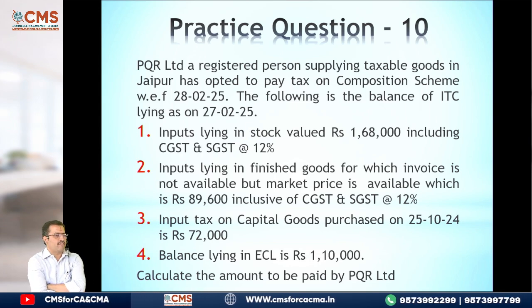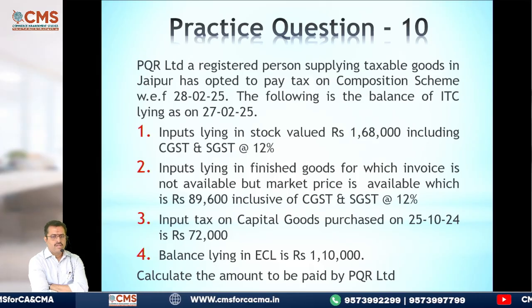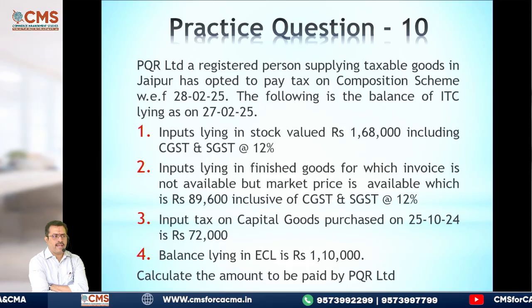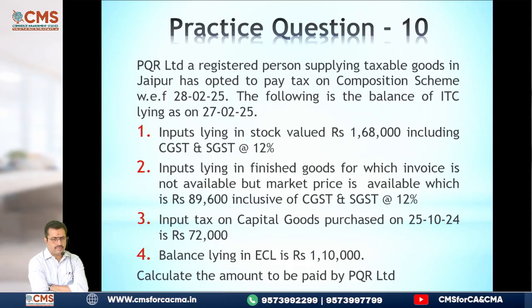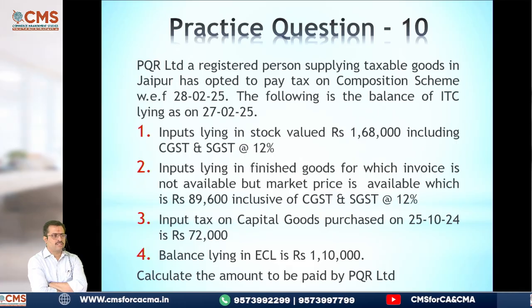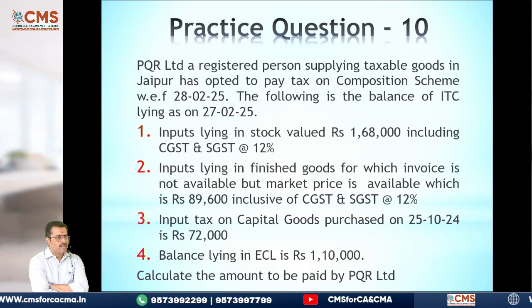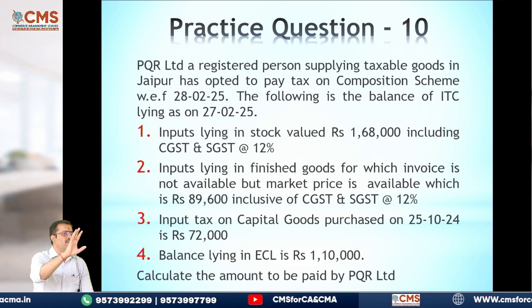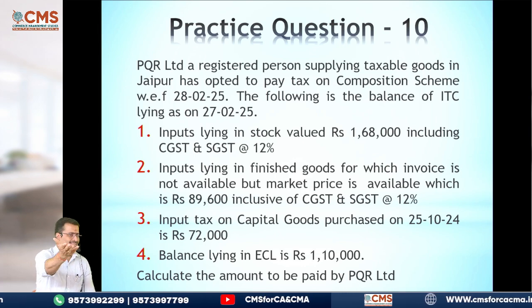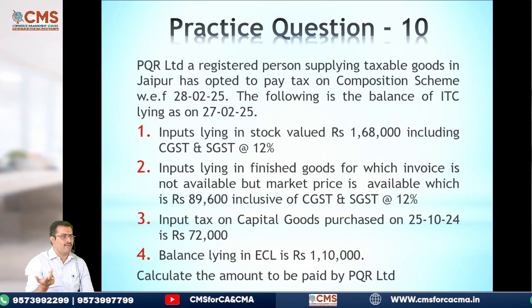Inputs lying in stock valued at 1,68,000 including CGST and SGST at 12%. Next, inputs contained in finished goods for which invoice is not available but market price is available, which is rupees 89,600 inclusive of CGST and SGST. We need not worry about invoice when we are reversing. Invoice is required only when we are availing ITC, not at the time of reversing the ITC.